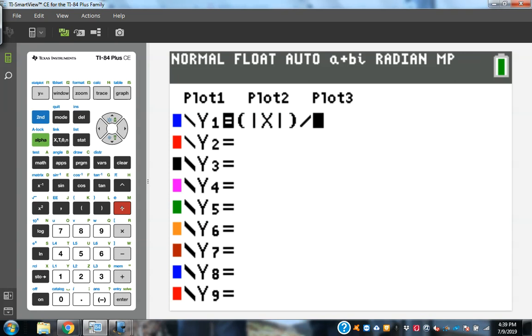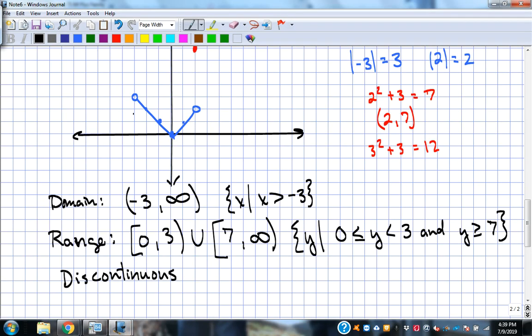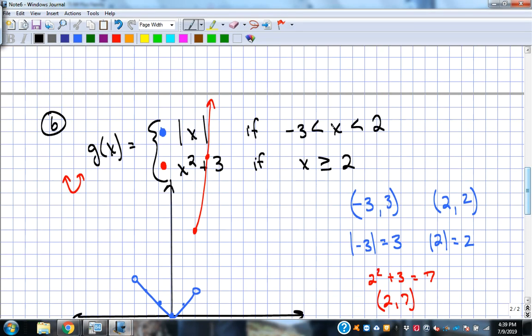Now I've got to put the inequalities in there. This one's a little tougher because I've got two things going on here. I've got x is greater than -3 and x is less than 2. It's x is greater than -3 because of this inequality sign down here, read it backwards. Notice how it's pointing toward the -3.